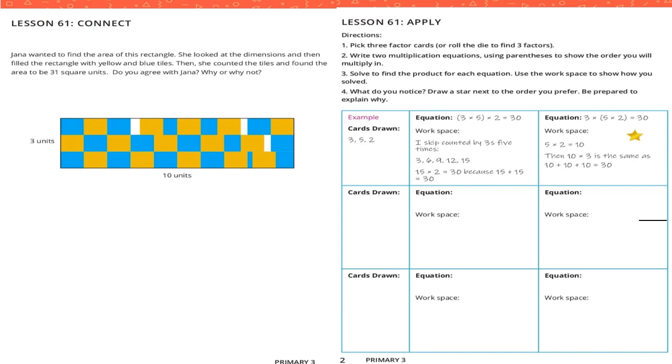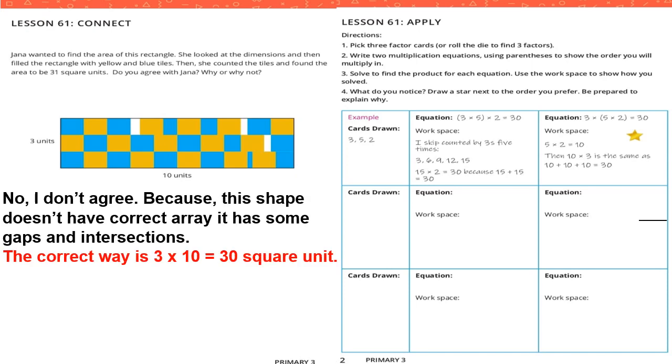She counted them and found 31. I think it's wrong. I don't agree. Why? We have in this shape some gaps and some intersections, so we can't count, but we can find the area another way.